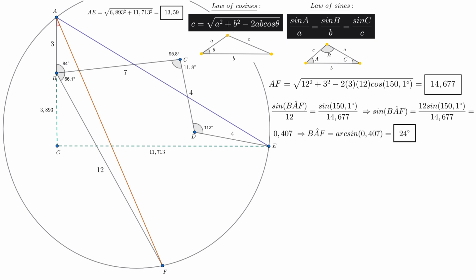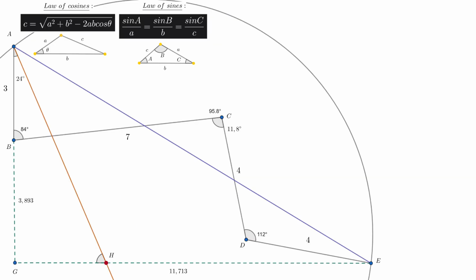Now we turn our attention to the triangle AGH, and we calculate GH using the law of sines again. And since this angle here is 90 minus 24 equals 66, so now we have sine of 24 over GH equals sine of 66 over 6.893, and we end up with GH equals 3.068.